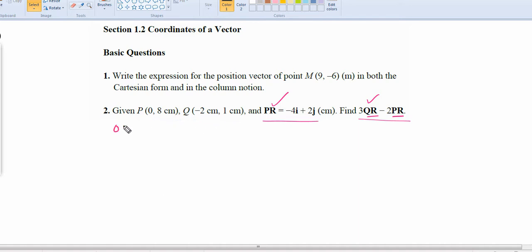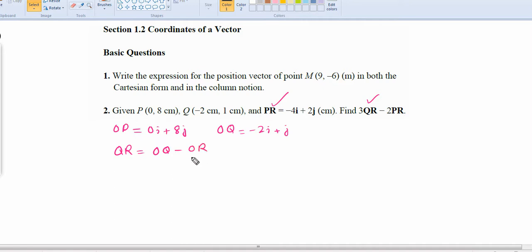P means OP, which is equal to 0i plus 8j, and Q means OQ, which is equal to negative 2i plus j. So this is OP and OQ. Now QR will be equal to OQ minus OR.